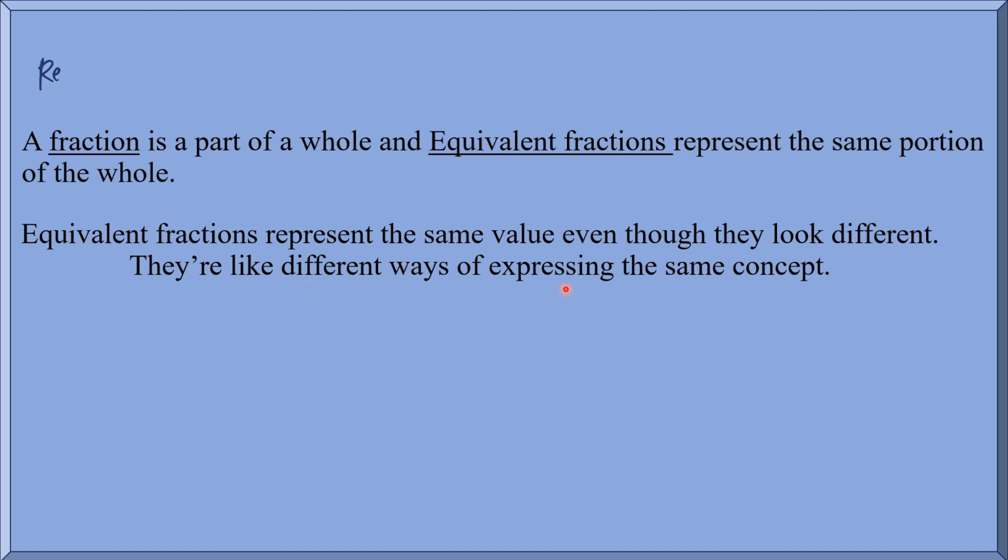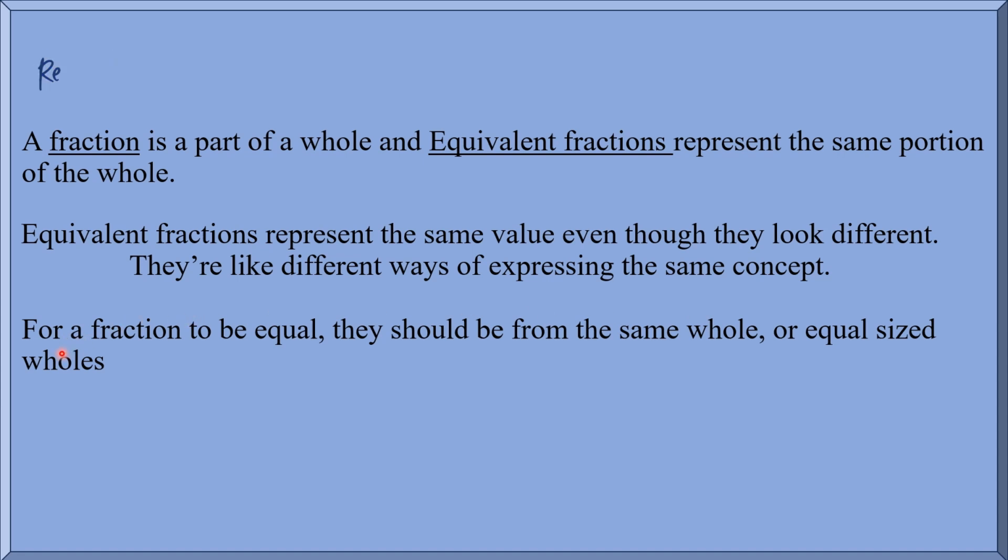They are like different ways of expressing the same concept. This is the most important one: for fractions to be equal, they should be from the same whole or equal sized wholes. We have already finished all types of fractions. There are 7 types of fractions and we have finished all types, and next will be comparison of fractions.